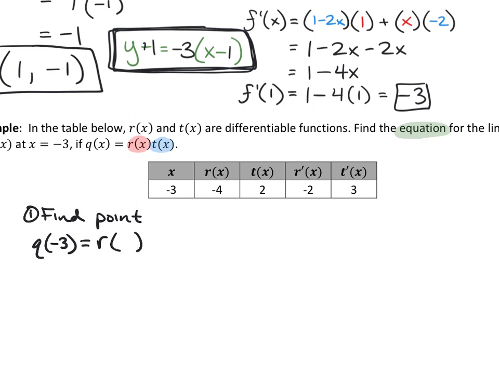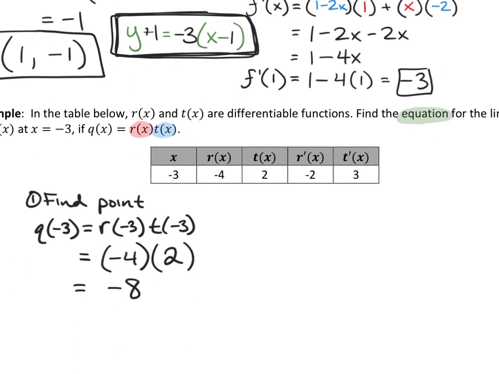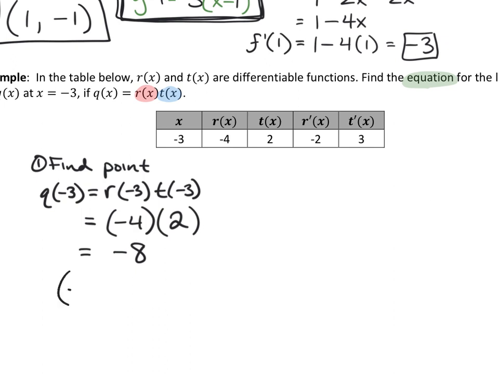So if I do r of what number, times t of what number? Those are all x's, so I change them to negative 3's. This is something I can read out of my table. What is r of negative 3? Negative 4. What is t of negative 3? 2. So my coordinate point is going to be the coordinate point negative 3 comma negative 8.